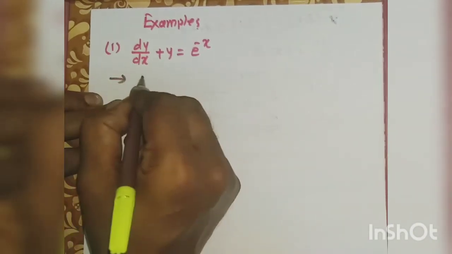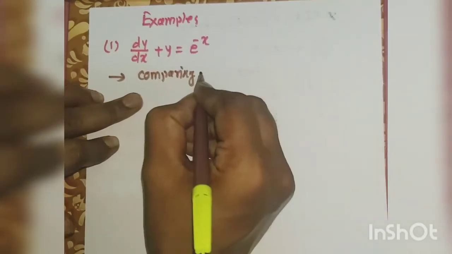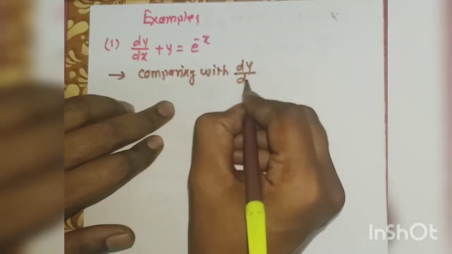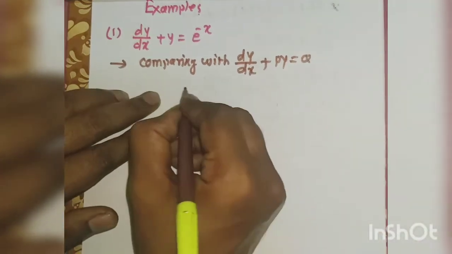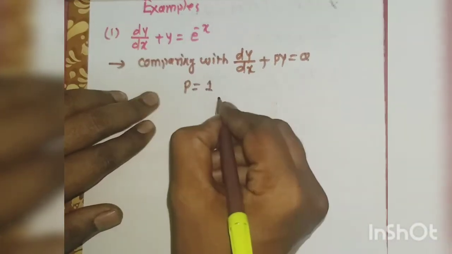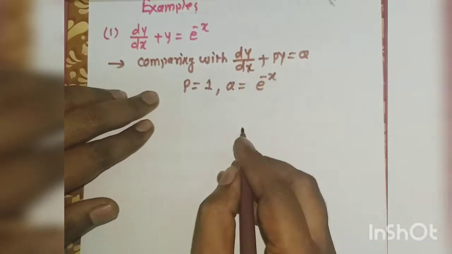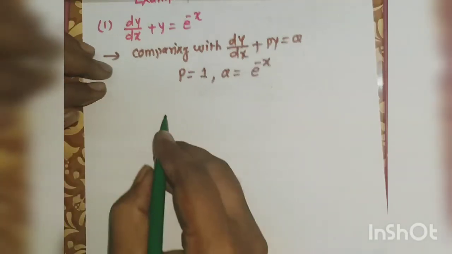Now, answer: comparing with dy by dx plus py is equal to q, here p is equal to 1, the coefficient of y is 1, and q is equal to e raised to minus x. First we find the integrating factor.